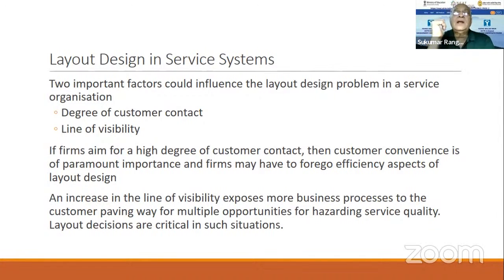So the service provider has to be very careful, because each customer does not behave the same way as the other customer. Whereas in a product, when you are manufacturing, all products behave the same way. Customers don't behave the same way. So in a layout where the least customer contact is there will be most efficient. The more customer contacts are there, the less efficient it becomes.